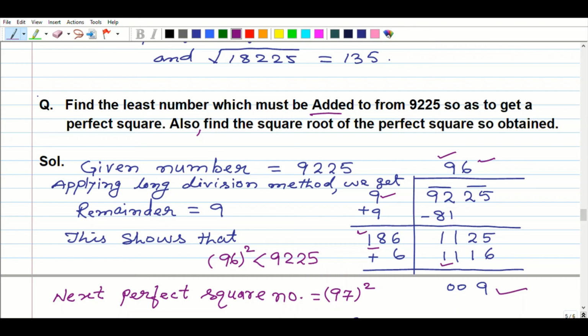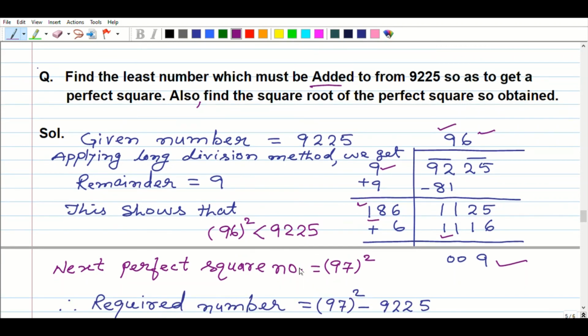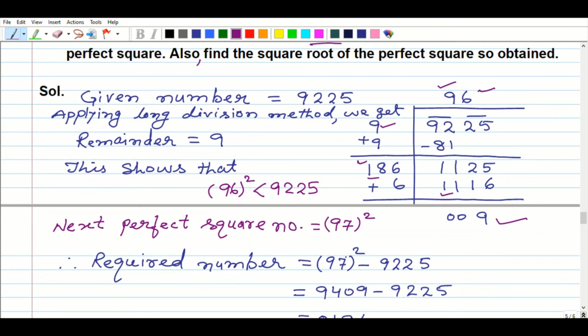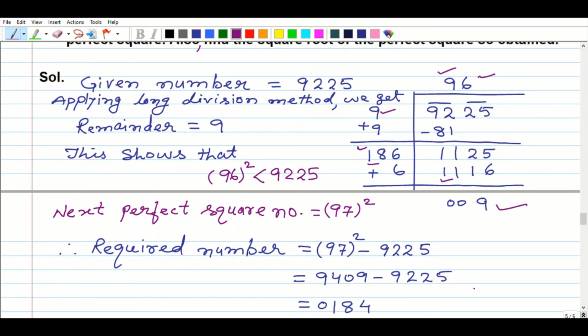So 97 square is equal to 9409. Subtract the given number from the 97 square value, that is 9409 minus 9225. We get 184, right?